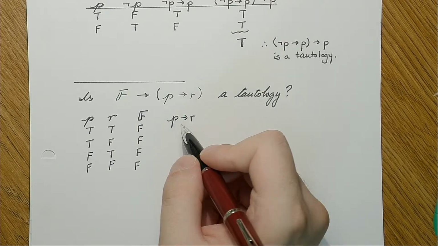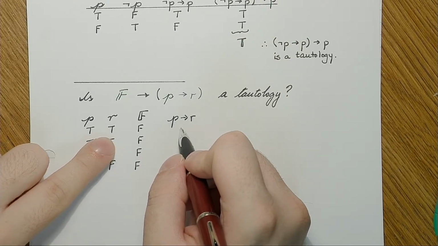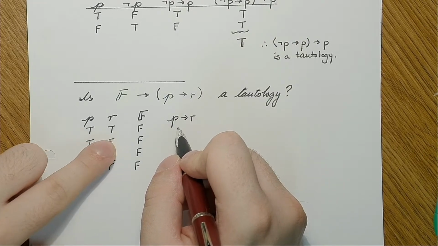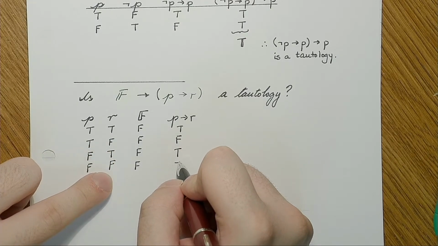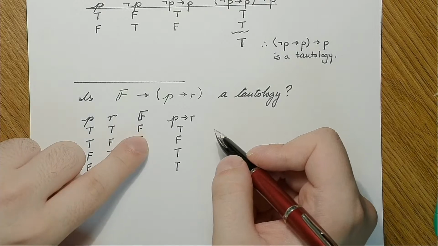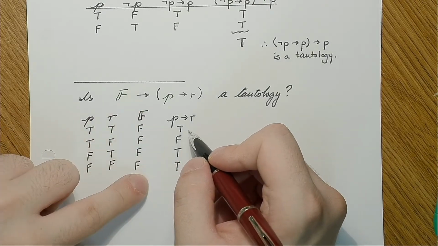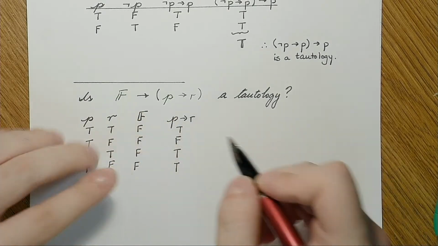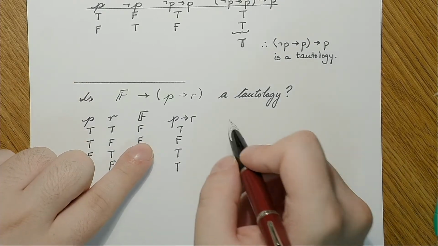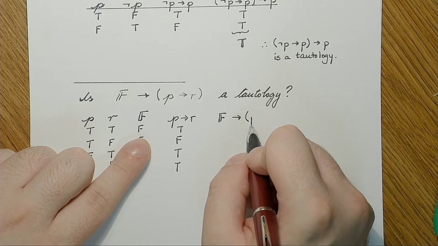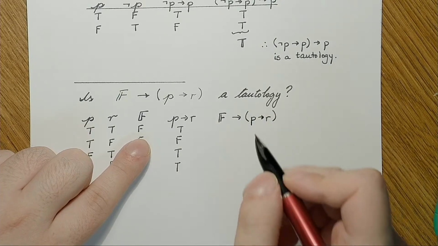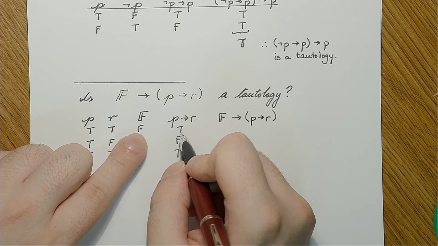So now I'll do the P implies R. That's just our standard implication table. So I have T and T, that's T. This is false, true, and true. And now I apply the implication to this column and this column. So I have false implies true.